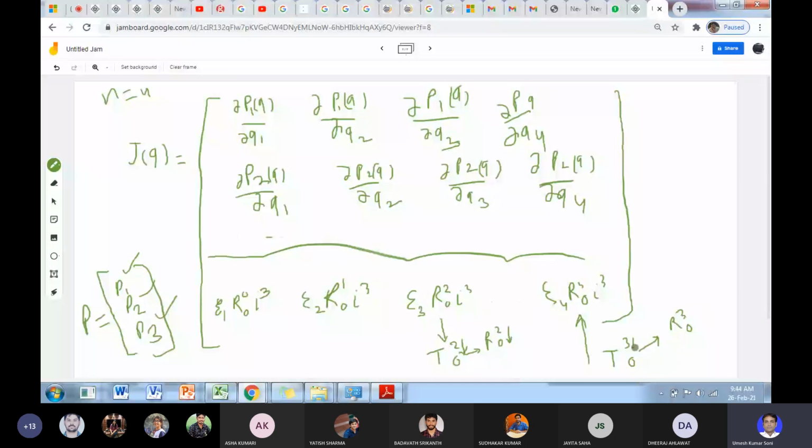So similarly here you calculate the T10, and then you find the orientation matrix of this complete homogeneous transformation matrix.